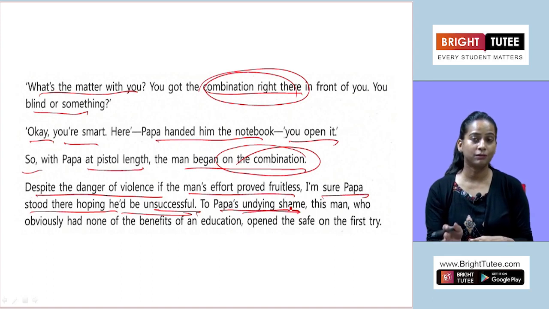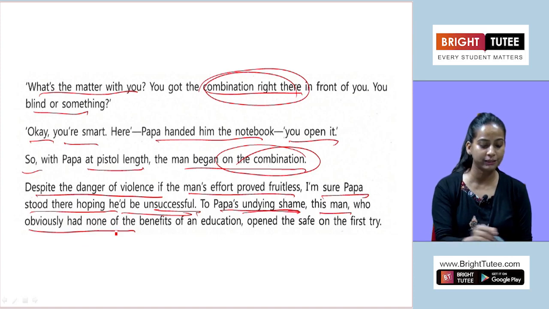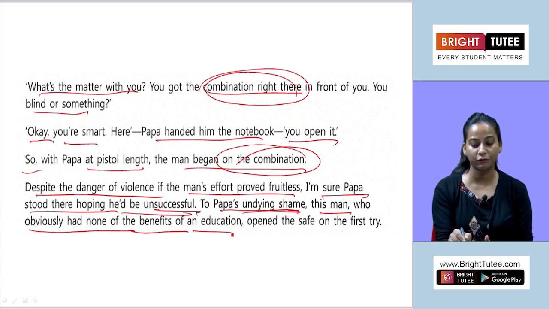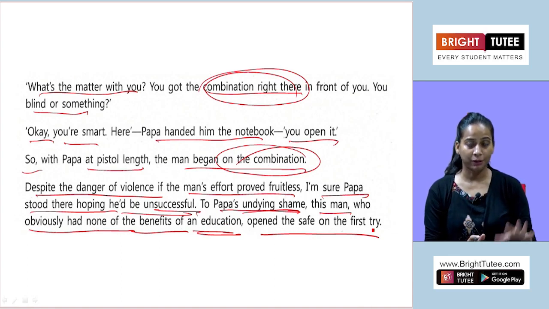To Papa's undying shame, it was going to be a shameful situation for him. This man, who obviously had none of the benefits of an education, who was not at all educated or skilled in opening safes, opened the safe on the first try.